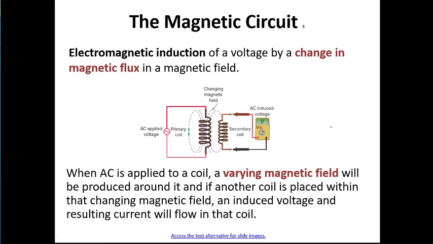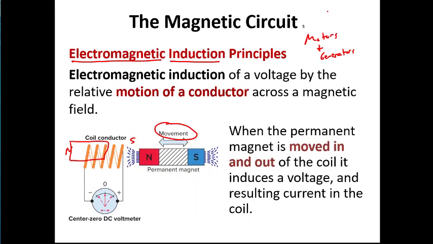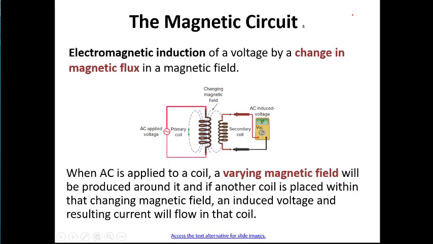So magnetic induction is also used in motors and generators and transformers. If we have a varying magnetic field in a coil and we have another coil near it, we'll induce a voltage in the other coil. Just like when we have a wire next to another wire, if we have a varying current, it'll induce a current in the other one.